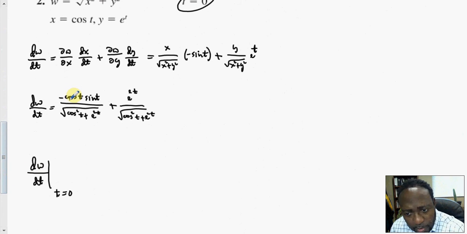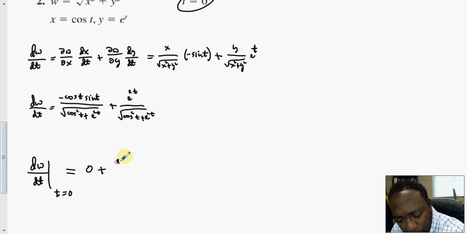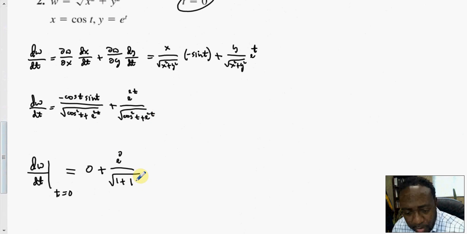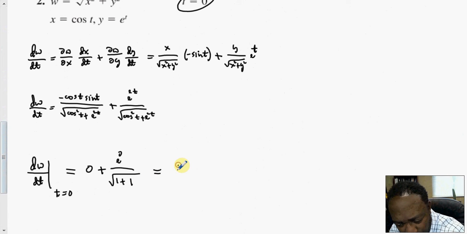So if we do that, we have negative cosine 0 times sine of 0, which is just 0, plus e to the 0, all over the square root of cosine of 0, which is 1, plus e to the 0, which is 1. So all we have left is 1 over the square root of 2.